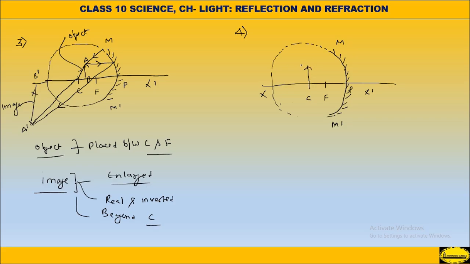Now we have a ray of light which is touching the head of the object parallel to the principal axis. After reflection from the concave mirror, it is reflected to the principal focus of the concave mirror.